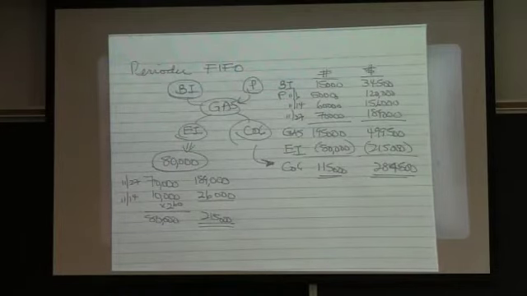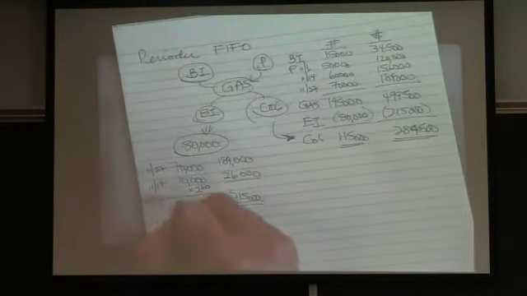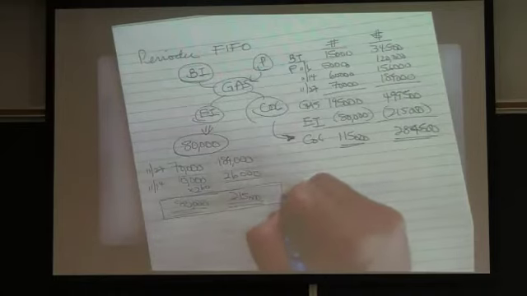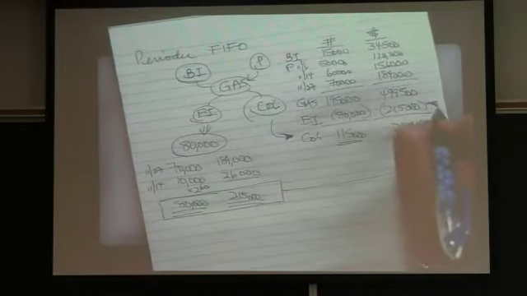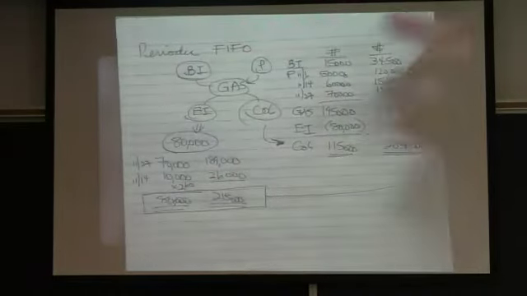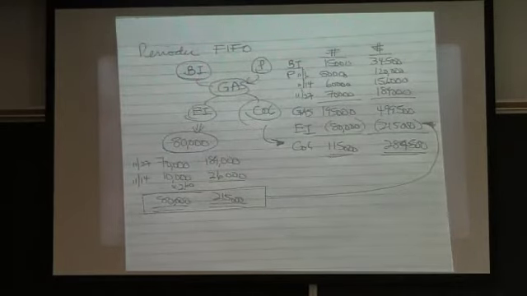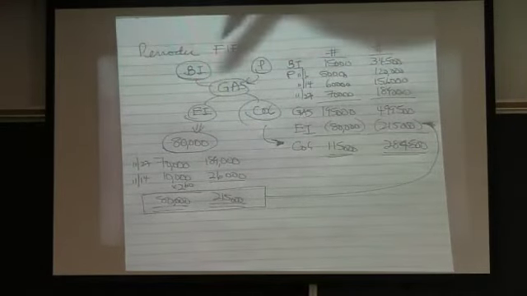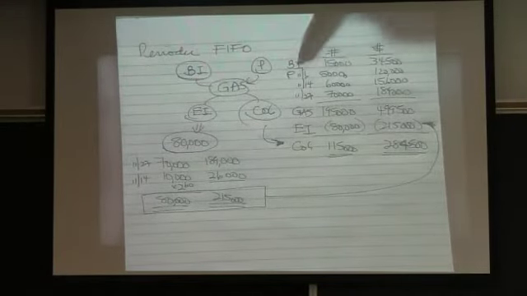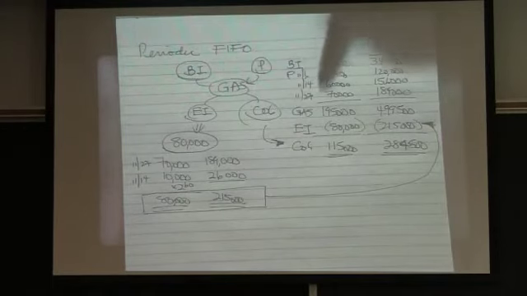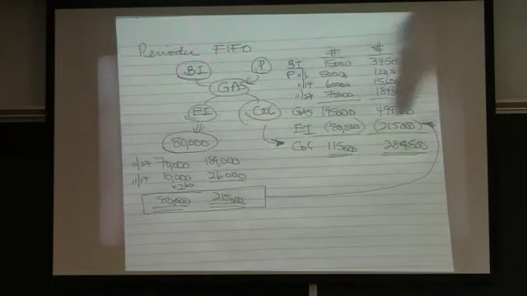So you'll see that the difference here is that we have to calculate the ending inventory. Under the periodic FIFO, we take beginning inventory plus all your purchases to give us goods available for sale.